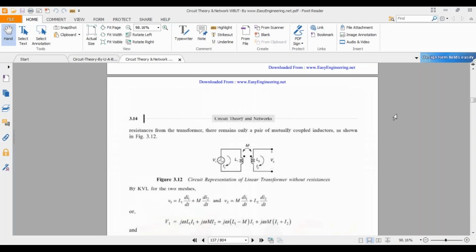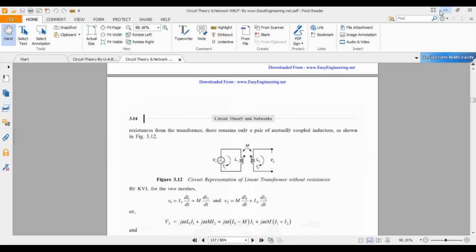An inductance offers a reactance XL to the flow of an AC current, and a capacitance offers a reactance XC equal to 1 by 2 pi FC.